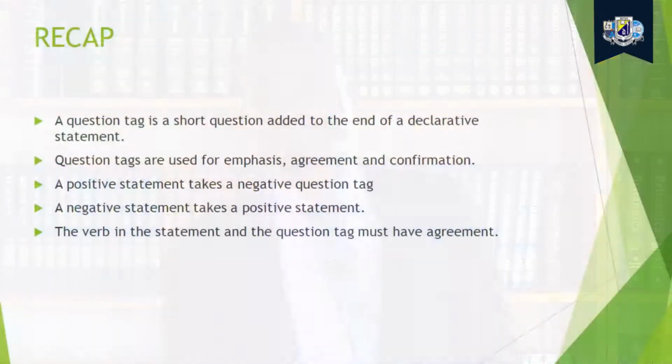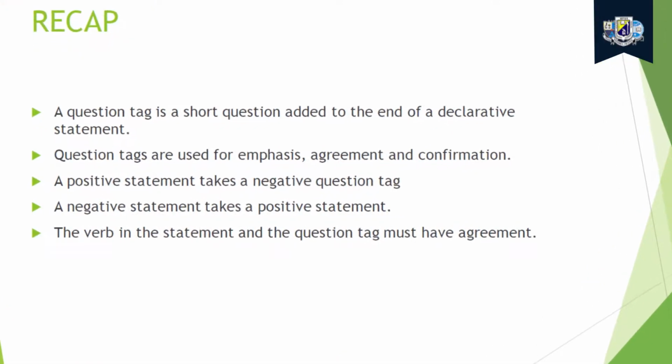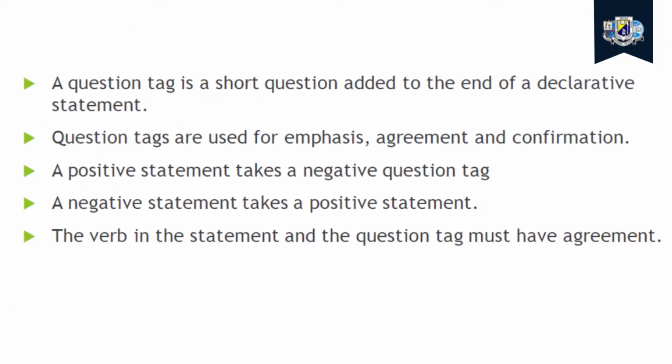So the verb agrees. Let us take a quick look at what we have been talking about. First of all, we defined that a question tag is a short question that is added to the end of a declarative sentence, and its purpose is to elicit confirmation or agreement from your listener.